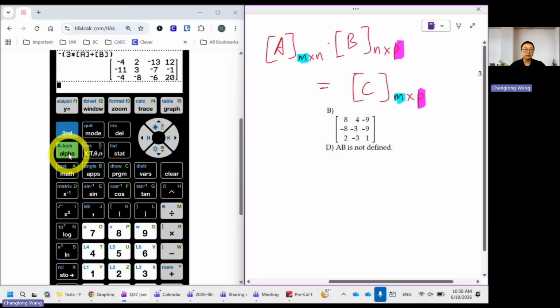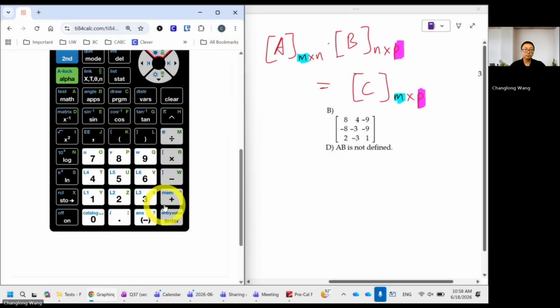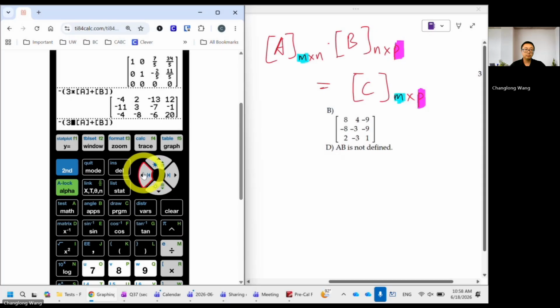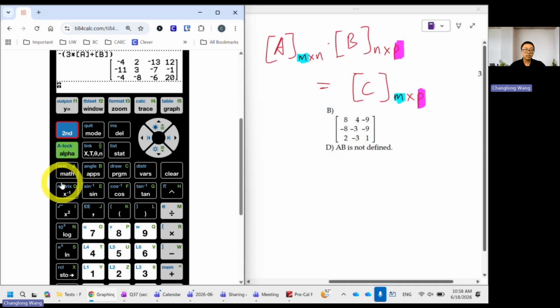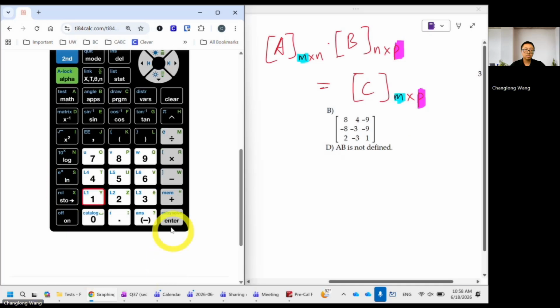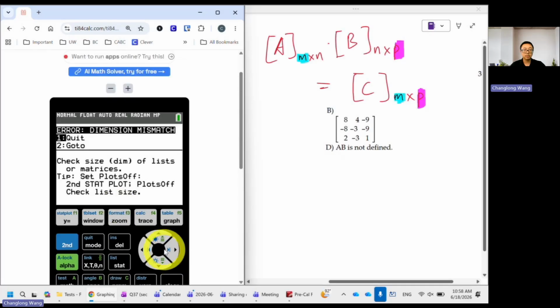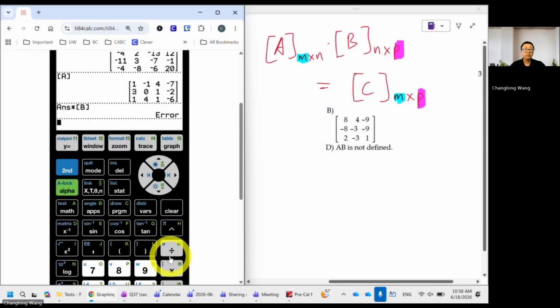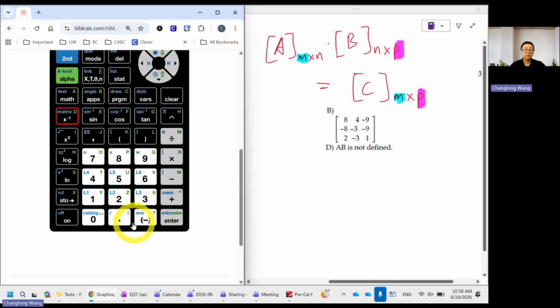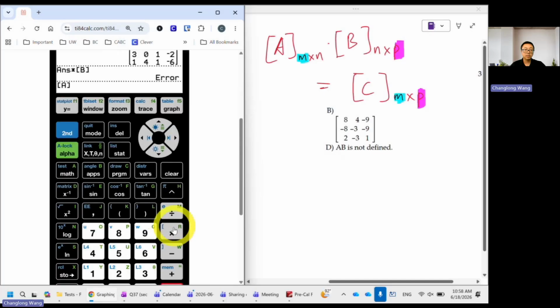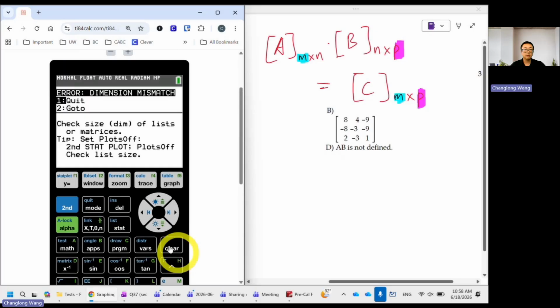Let's say I do matrix A times matrix B. Matrix A, second matrix A, times second matrix B. Huh?